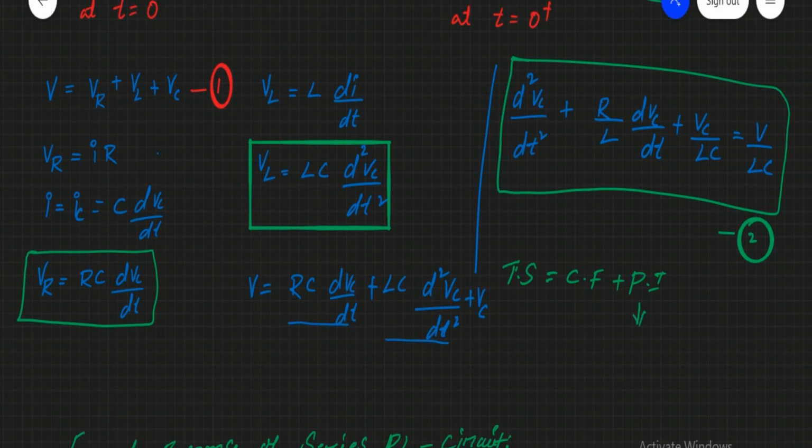The particular integral is the response of the circuit at t equal to infinity, that is the steady state response. The complementary function is the transient response. We are going to see the transient response and the steady state response. The combination becomes the total response of the circuit.